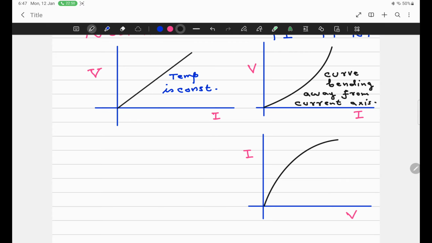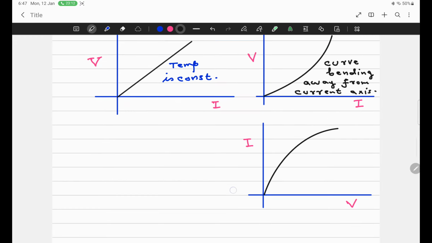So do not memorize the shape of the curve. You should memorize the concept. If temperature is increasing and resistance is increasing, then the curve bends away from the current axis, and current may be along the x-axis or along the y-axis.